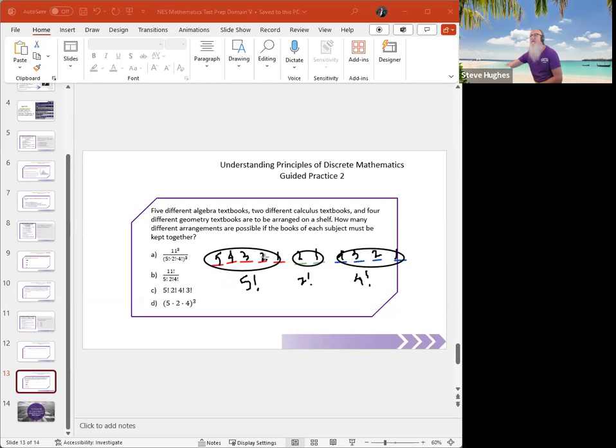So think of these 3 as being swapped around in how many different ways? I could do it 3, 2, 1. So now I can see that my final answer is going to be 5 factorial, 2 factorial, 4 factorial, 3 factorial for the group of each of the different textbooks. So that's my conclusion, and my final answer is going to be C.